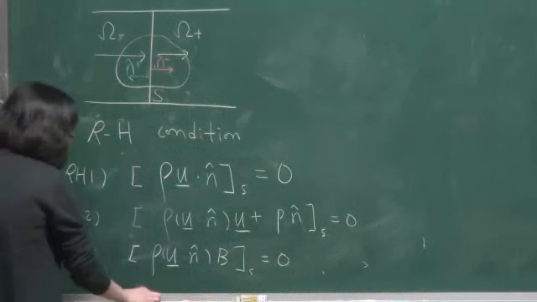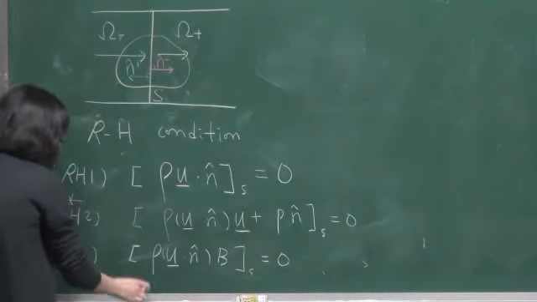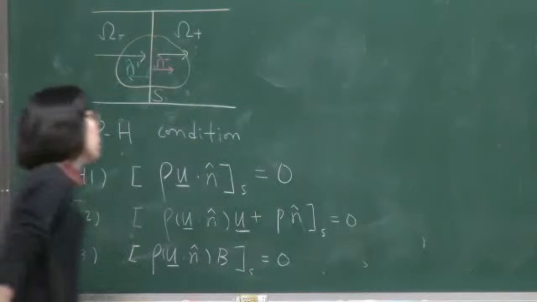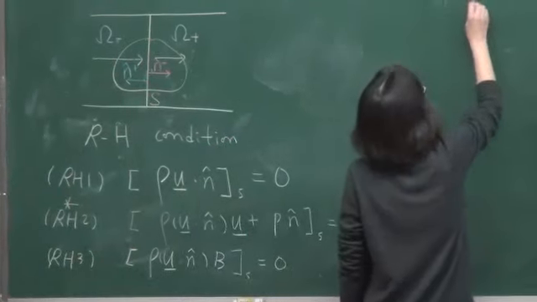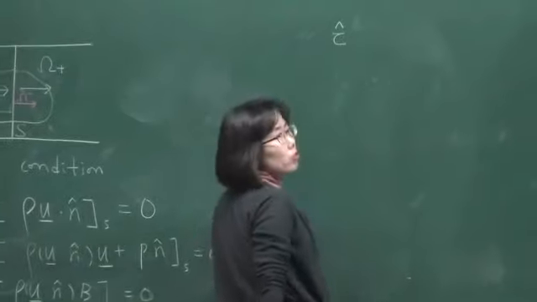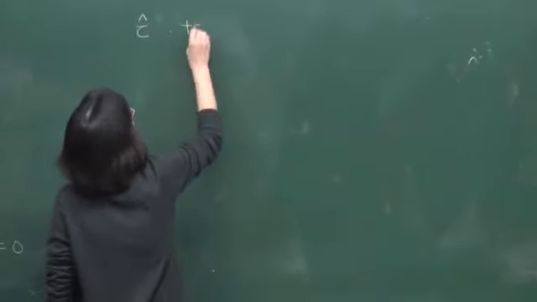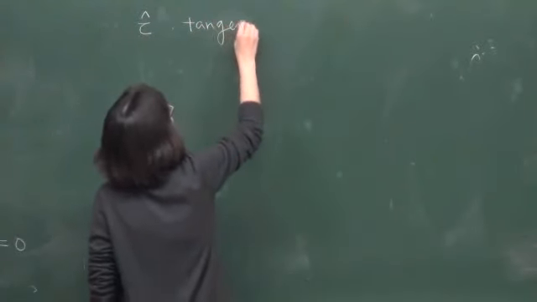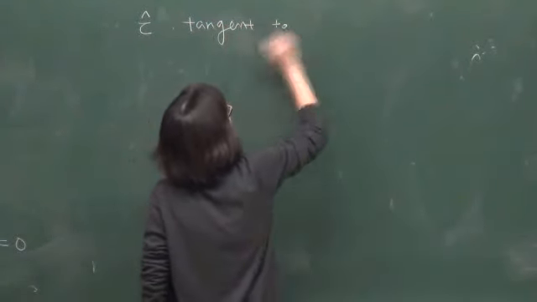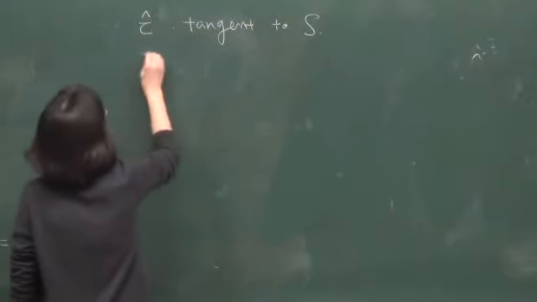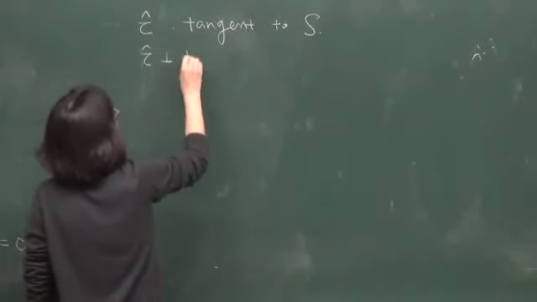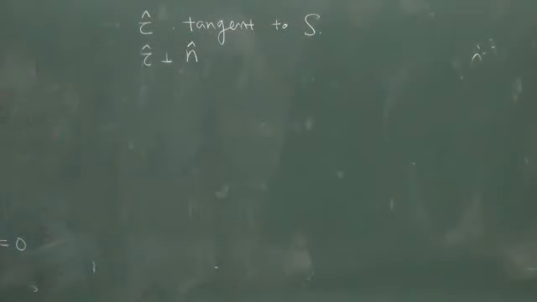The problem is over here, which is a vector equation. Now, let's say here tau is the tangential vector field for the discontinuity S. So therefore, tau of course is perpendicular to our normal vector. So if you take the dot product of this equation with the tau, what do we get?